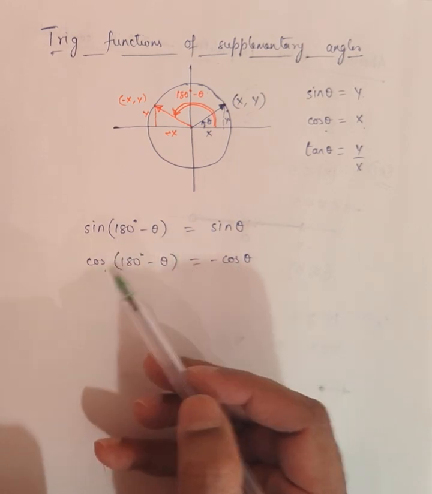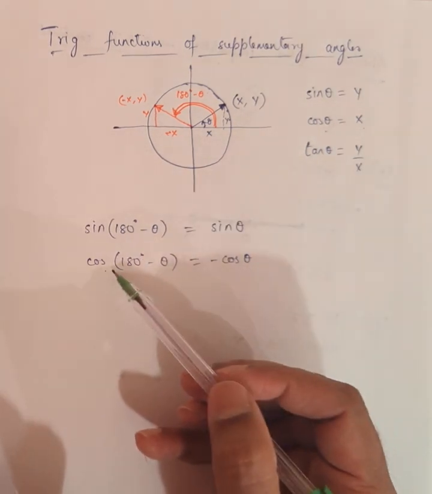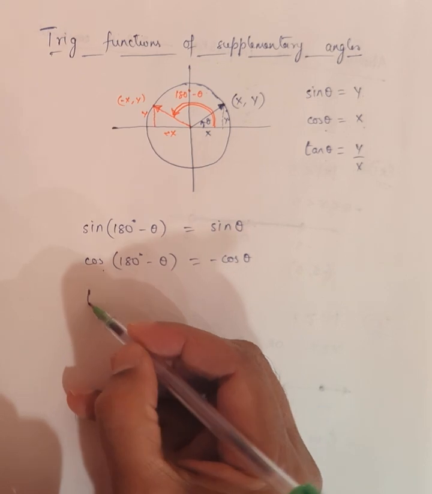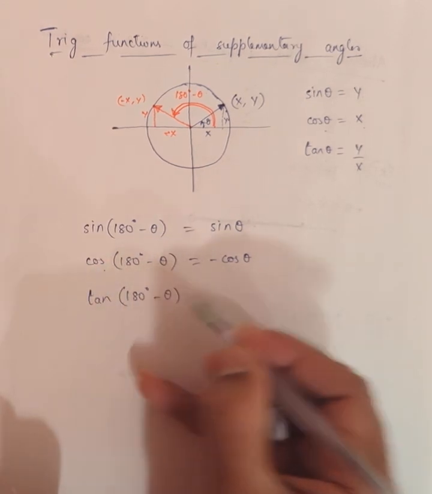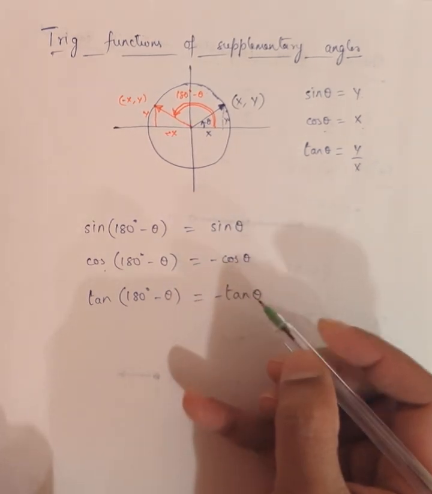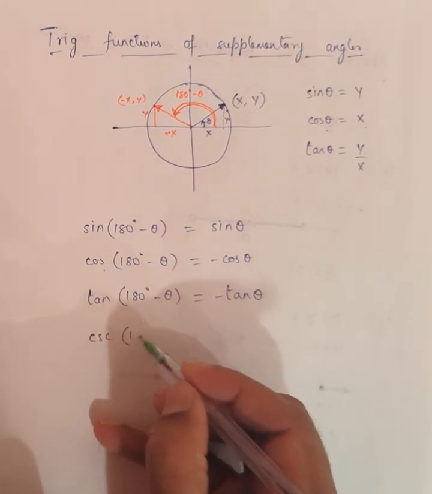So sine and cosine remain sine and cosine in magnitude, but cosine in the second quadrant would be negative. And tan would also be negative because it's the ratio: positive over negative is going to be negative. And once we know these, we can also write down the reciprocals.